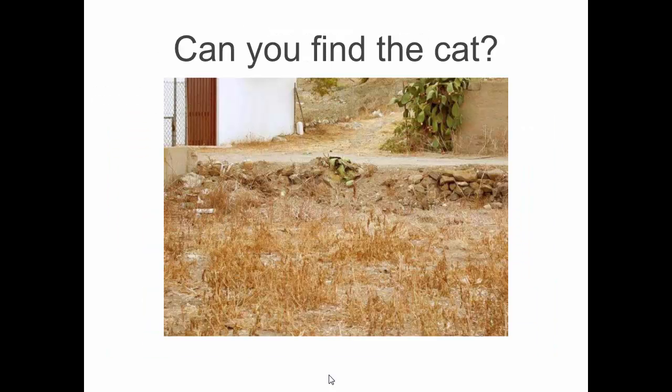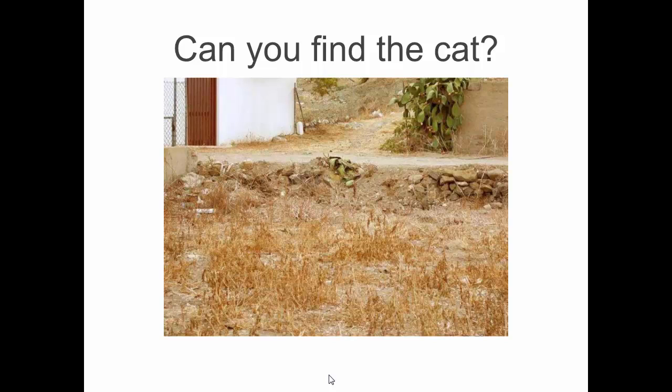Even a cat is camouflaged. See a cat in that picture? Pretty tough to find if you don't know where it is. Ben, you see it? Yeah. Where? Tell me, up or down? Up, stop. To the right, to the left, a little more, there.